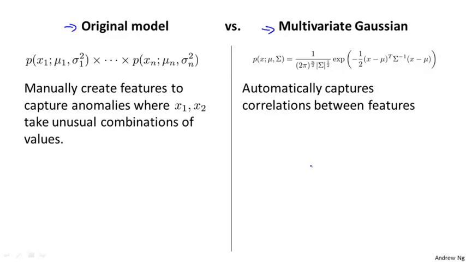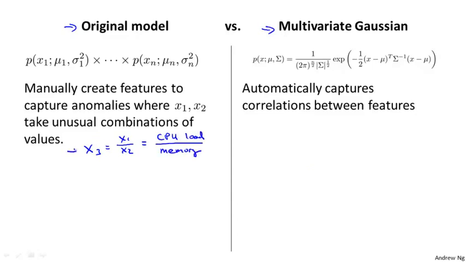If you want to use the original model to capture that, then what you need to do is create an extra feature, such as x3 equals x1 over x2, equals maybe the CPU load divided by the memory use or something.